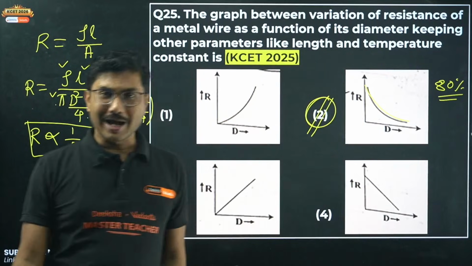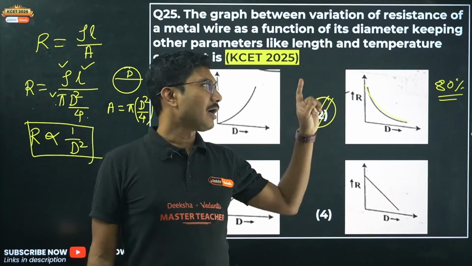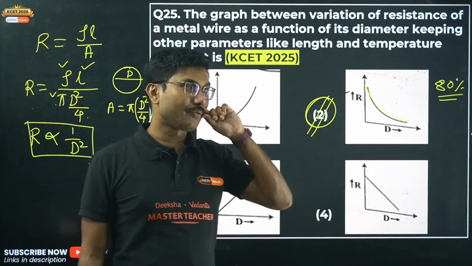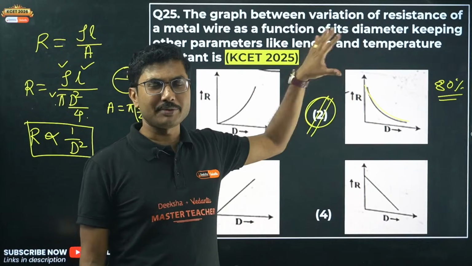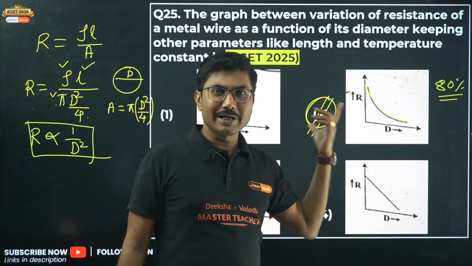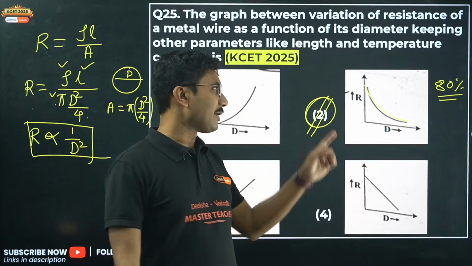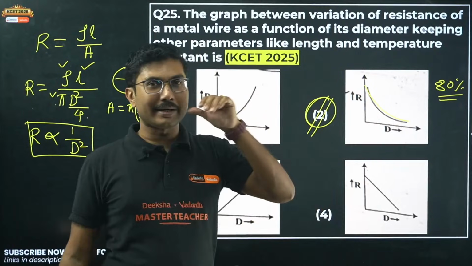Out of last 10 years papers, I have seen that only once this was not the correct answer. Otherwise if this pattern is there, maybe electric field, maybe electric potential, maybe some other question, this could be the correct answer. So if you don't know the answer, you don't want to invest too much time, you should mark this pattern. This inverse square pattern or inverse pattern.